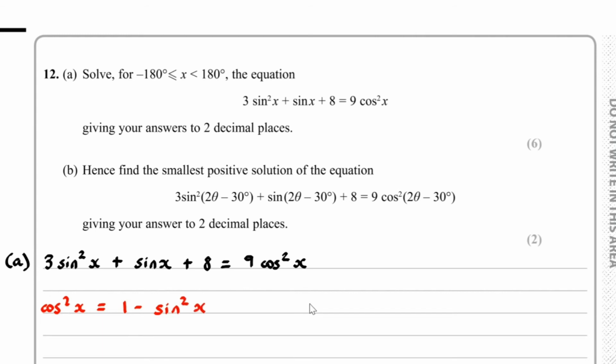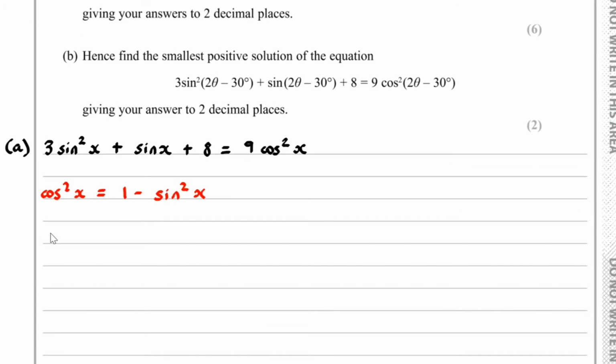That will make sure I get everything in terms of sine. And if I do that, I've got 3 sine squared x plus sine x plus 8 equals 9 lots of 1 minus sine squared x.